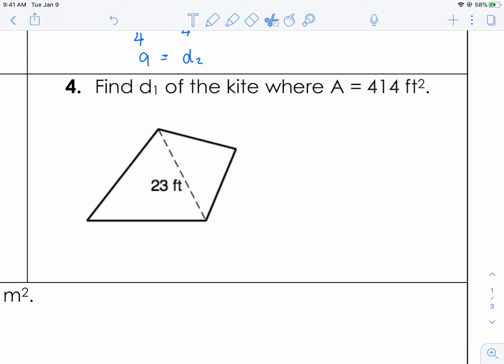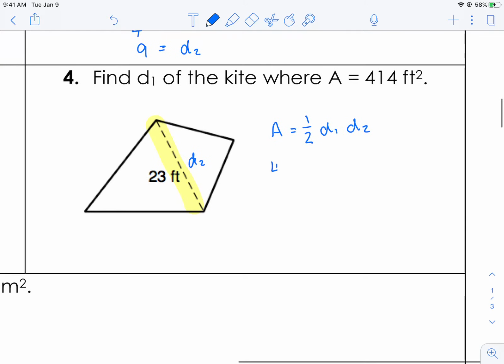All right, number 4. I want to find diagonal 1 of the kite, where area is 414. So this must mean the 23 is diagonal 2. I always start by writing my formula. You don't have to, it's just how I start. It makes life easier. So I have 414 is equal to 1/2. I don't know what D1 is, but I do know what D2 is.